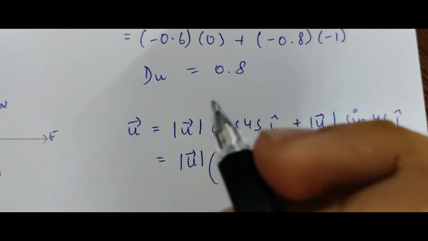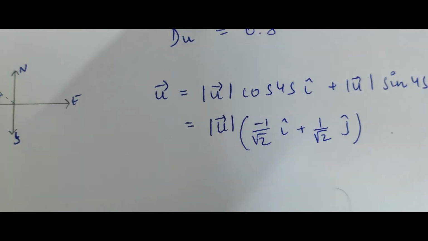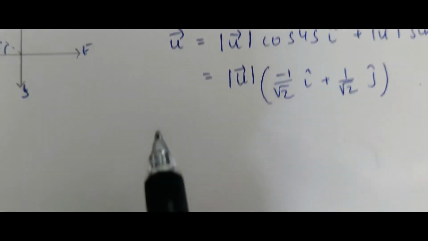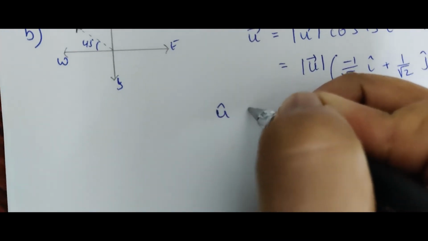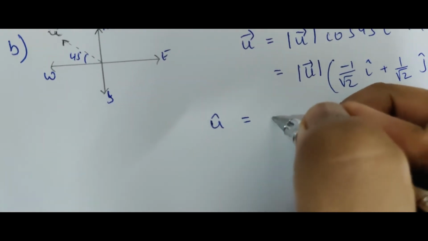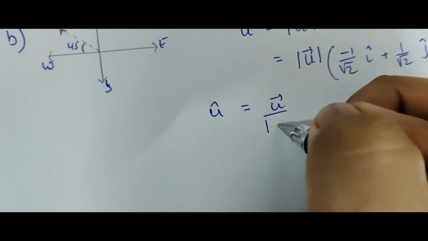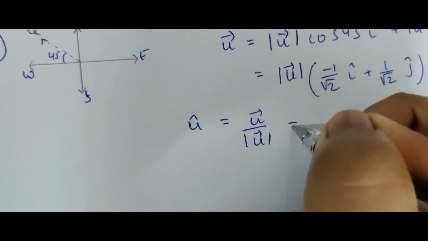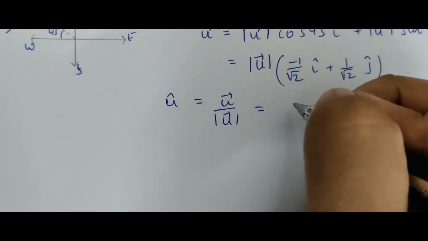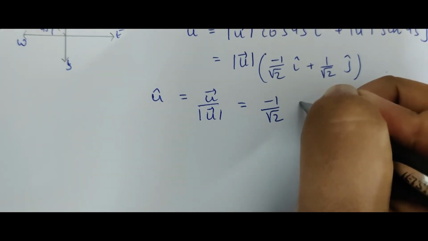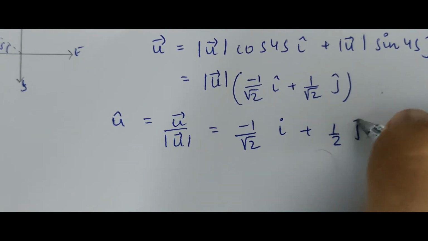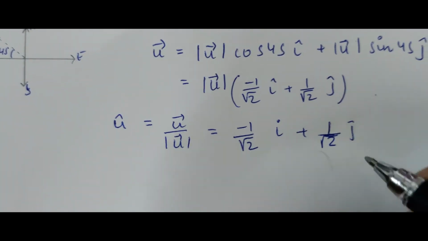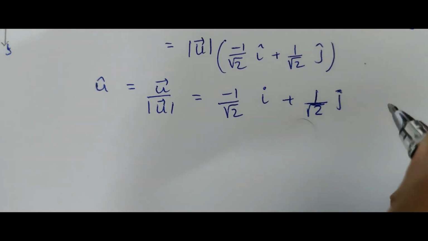Now we will convert this vector into a unit vector. The unit vector will be equal to the vector itself divided by the magnitude, which is minus 1 by root 2 i cap plus 1 by root 2 j cap.